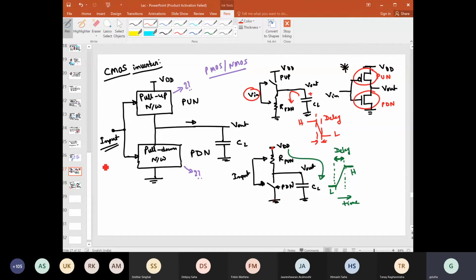Now what we are going to do is plot the voltage transfer characteristics for this CMOS inverter. I think most of you know how the final thing will look, but we are not directly jumping to the final VTC.